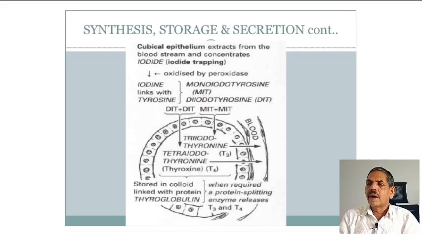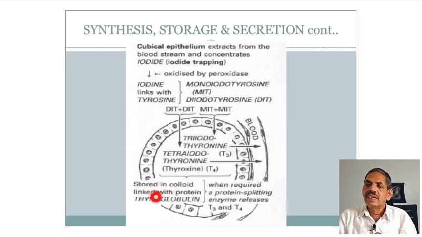They again combine with the help of thyroperoxidase enzyme forming tetraiodothyronine and triiodothyronine, otherwise T4 and T3, and they remain stored there in the colloid. As and when it is required, the protein splitting enzyme releases T3 and T4 and that diffuses into the circulation.